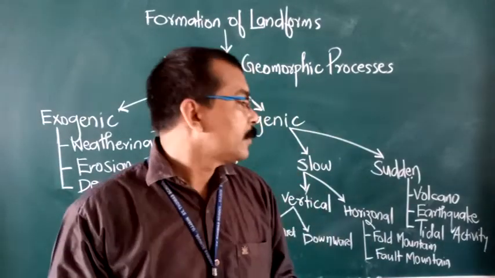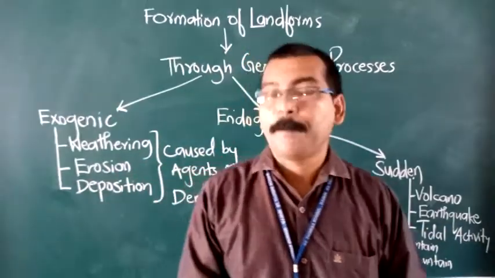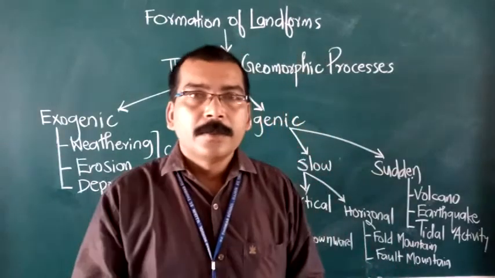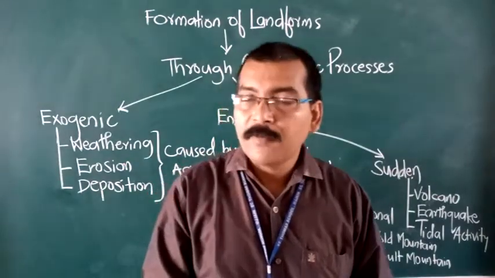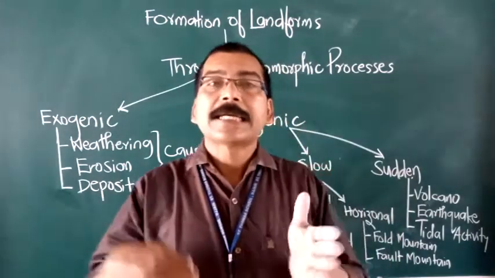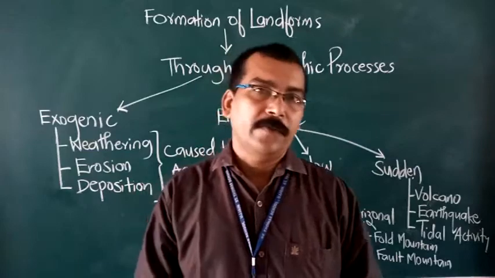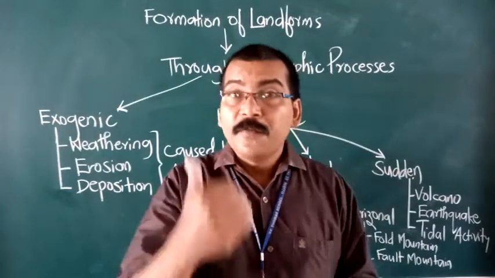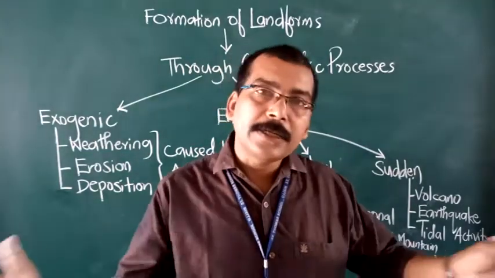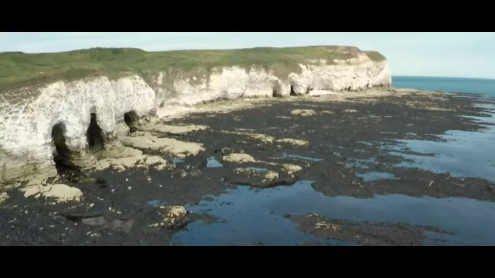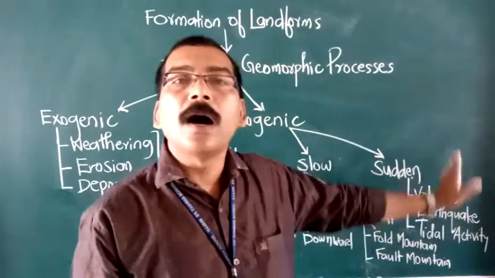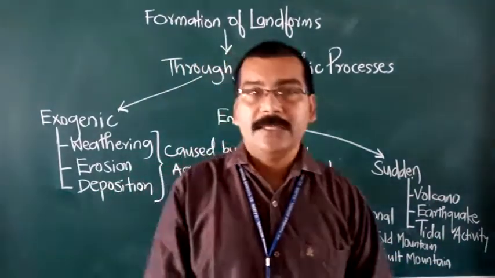Similarly, when an earthquake happened, it alters the existing landform as well as it creates new landforms. Similarly, when the tides continuously fall upon the shore, it too creates different type of landforms. So these all are sudden changes.